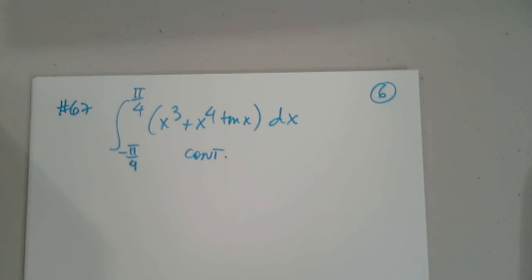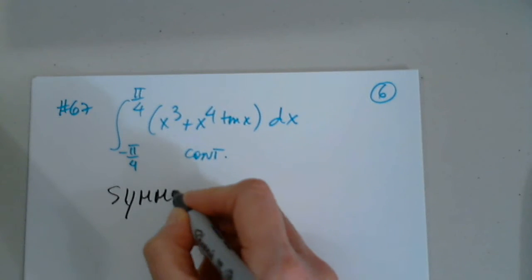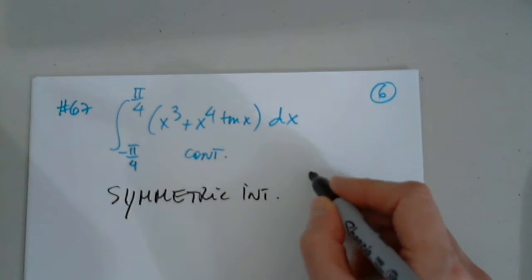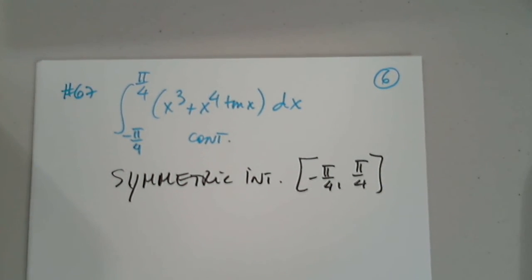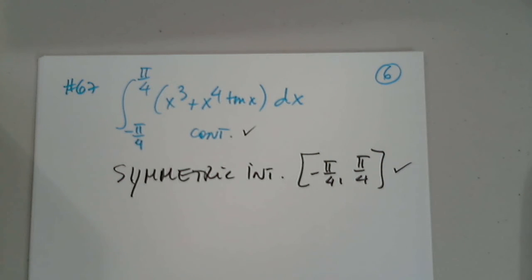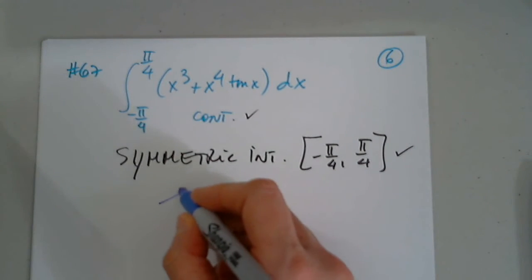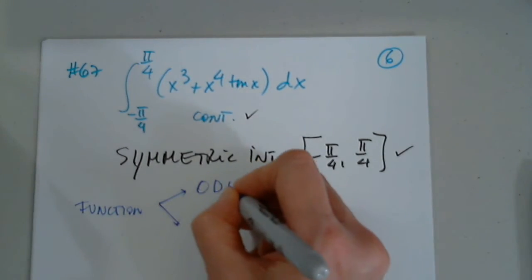So this is continuous. Now, what else do you notice here? When we look at this integral, what do we notice? We notice a symmetric interval, negative pi over 4, pi over 4. Every time we notice a symmetric interval, after we check continuity, what do we need to think of? Always, whether the function is odd or even.